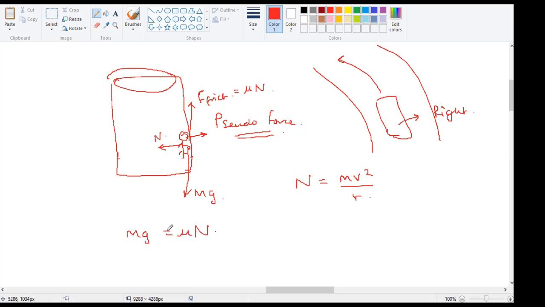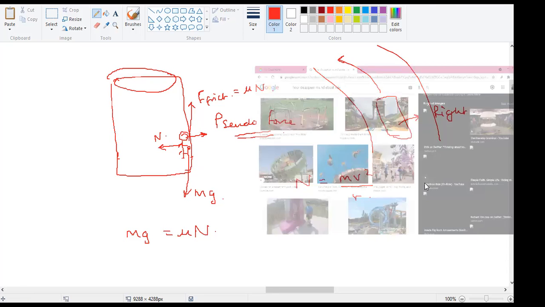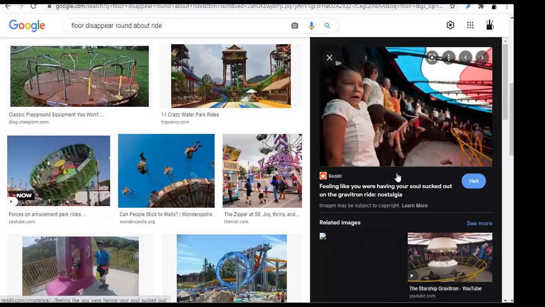Don't forget that when these two forces are equal, you will not be feeling the floor at all. But what if this is higher? Then this force is higher and this force is lower. And that is exactly what is happening in this kind of situation. You see the floor is far below the people over here.